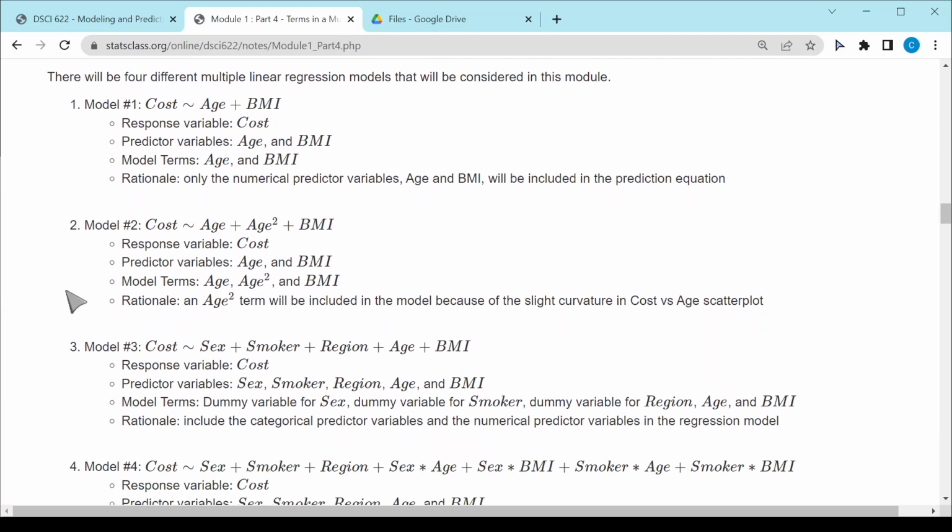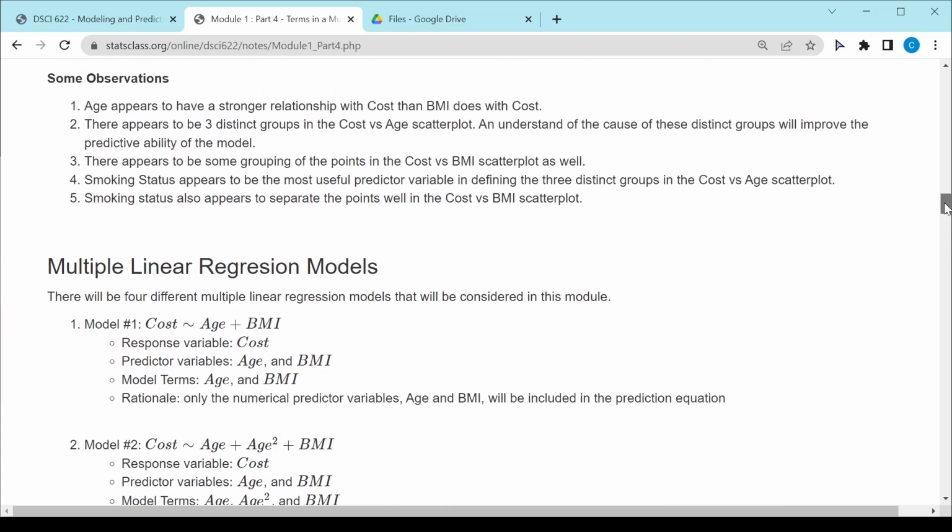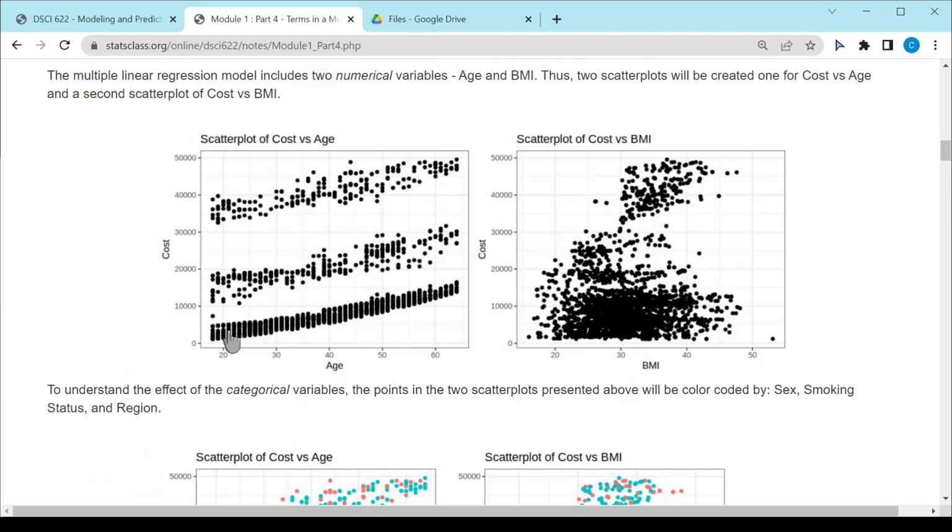Let's consider model number 2. This has a structural form of age plus age squared plus BMI. Now, if we go back up and look at the plot with age, there might be a little bit of curvature in some of these groups here. So that is why I would like to take age and maybe include a second term to allow for curvature with respect to the age direction.